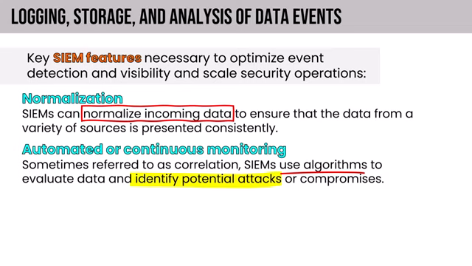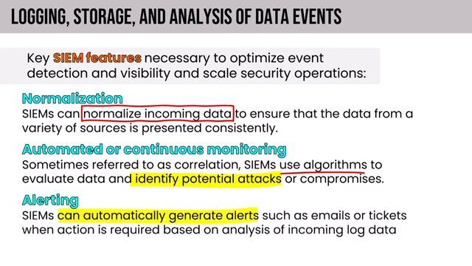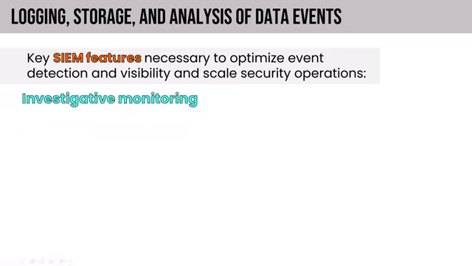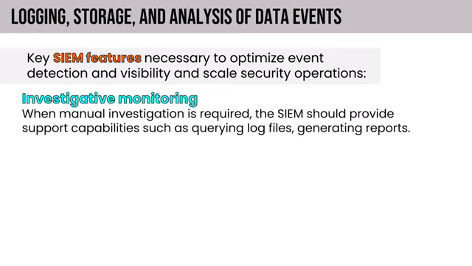SIMs use algorithms to evaluate data and identify potential attacks or compromises. And alerting. SIMs can automatically generate alerts like emails or tickets when action is required based on analysis of incoming log data. Investigative monitoring. So when manual investigation is required, the SIM should provide support capabilities such as querying log files and generating reports.